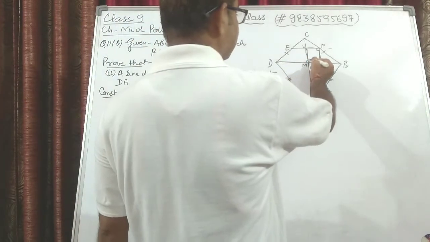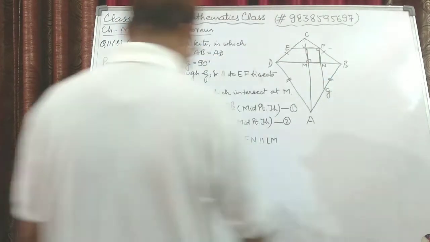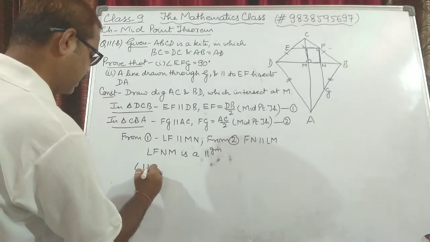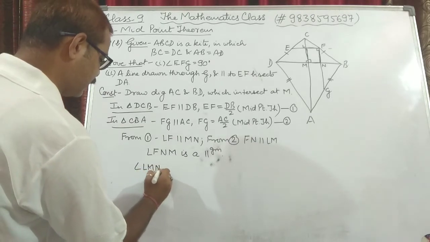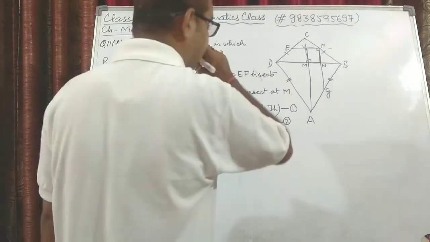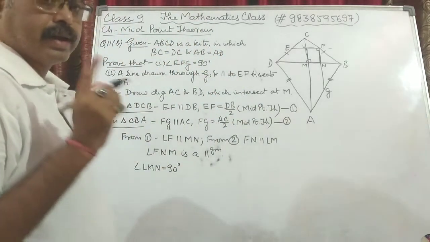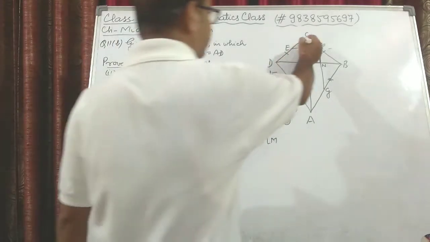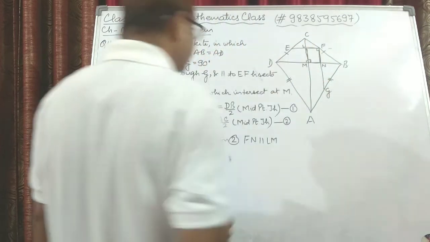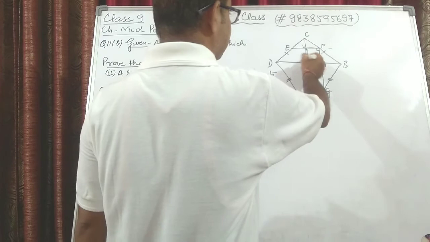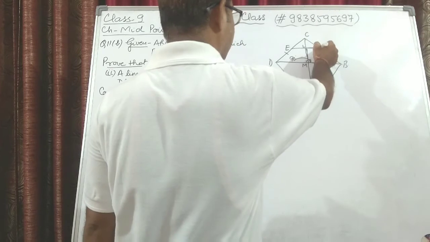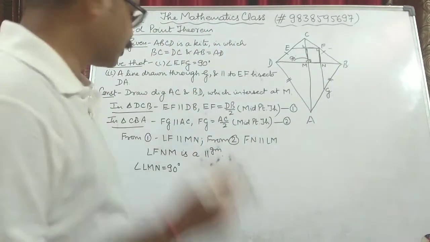And this angle is 90 degrees. We can say that angle LMN is equal to 90 degrees, because we know that in a kite the diagonals intersect each other at 90. So these are the diagonals. So point M where diagonals are intersecting, this will be 90 degrees. If this angle is 90 degrees, then the angle opposite to it is angle F. Angle F will also be 90 degrees because these are the angles of a parallelogram.